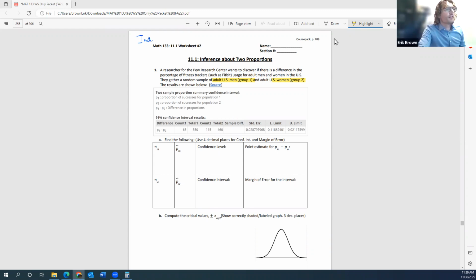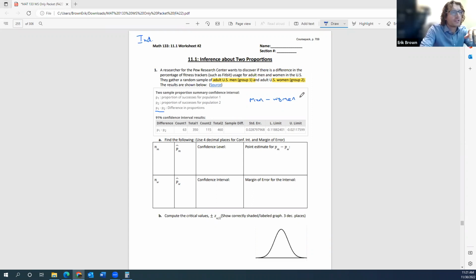If you're looking for a difference between 2 things, you're doing subtraction, right? So what we're doing here, if you note, is men minus women. Now, what if those were the exact same thing? What if it was the same percentage? Like, what if 50% of men and 50% of women used the Fitbit?